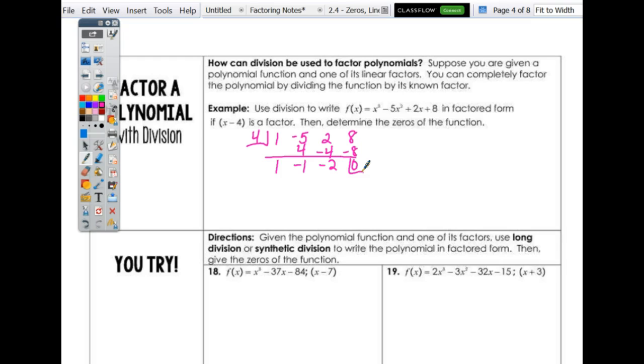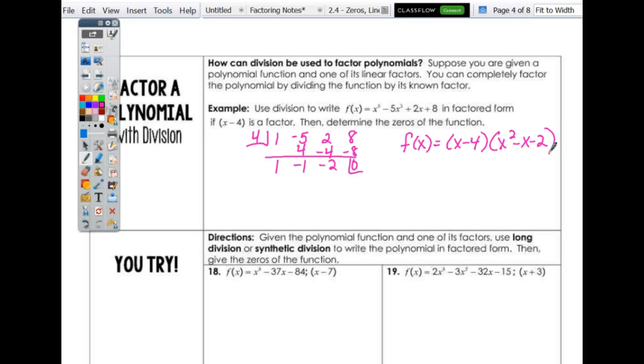So once I divide out the x minus 4, now my f of x is this. Right? I started with x to the 3rd, so this is x squared minus x minus 2.